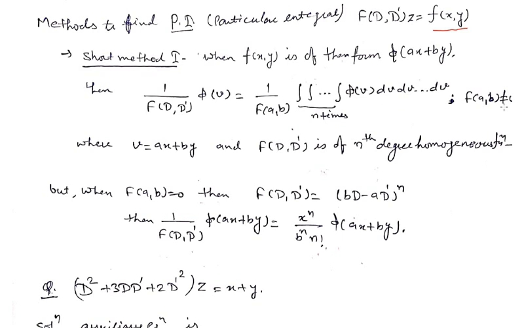But if f(a, b) is 0, it means bD minus aD' is a factor of the given f(D, D'). If it is a repeated factor, repeated n times, then the particular integral for this factor can be written as x raised to power n upon b raised to power n times factorial n, into phi of ax plus by only.